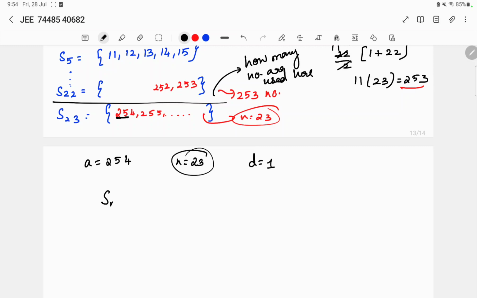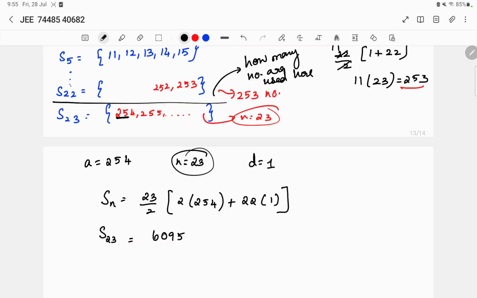In the Sn formula, I can directly use d equal to 1: n by 2, 23 by 2, into 2A, 2 into 254, plus n minus 1, 23 minus 1, 22 into d which is 1. Now if you calculate this, you will get 6095.